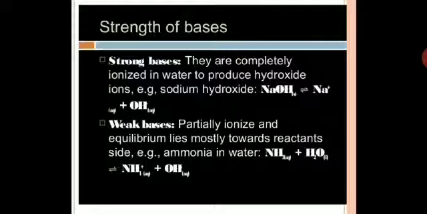So here NH4 plus and OH minus ions will be formed. Similarly, aluminium hydroxide is a weak base. Potassium hydroxide is a strong base, so it will give you the maximum number of OH minus ions, whereas weak bases will give you very few OH minus ions. One good example discussed here is ammonium hydroxide.